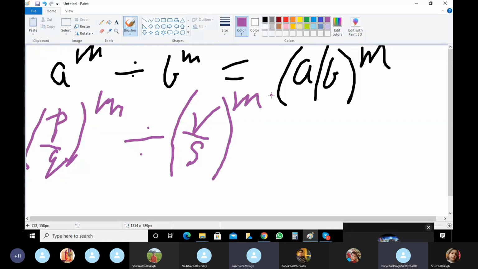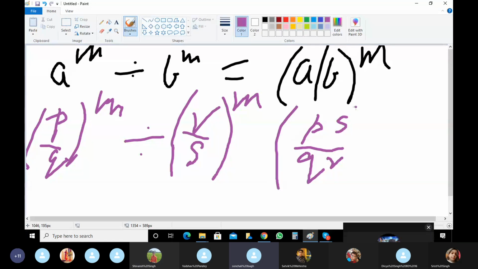What will be the change? This sign will reciprocate, yes or no? So p multiplied by s upon q multiplied by r, whole to the power m. We take the reciprocal in order to divide. In normal division, we take the reciprocal and multiply it with the first one.